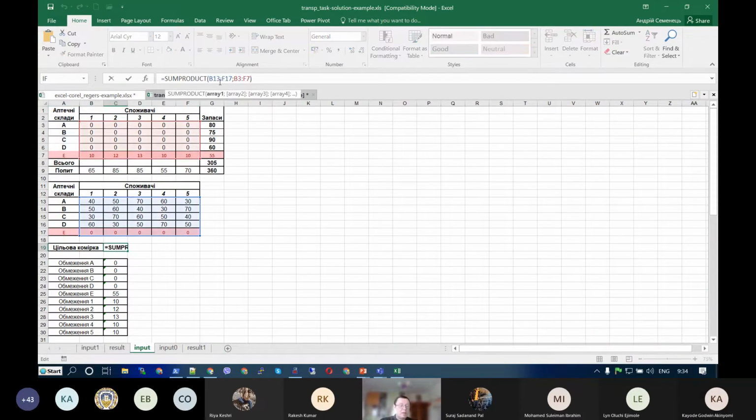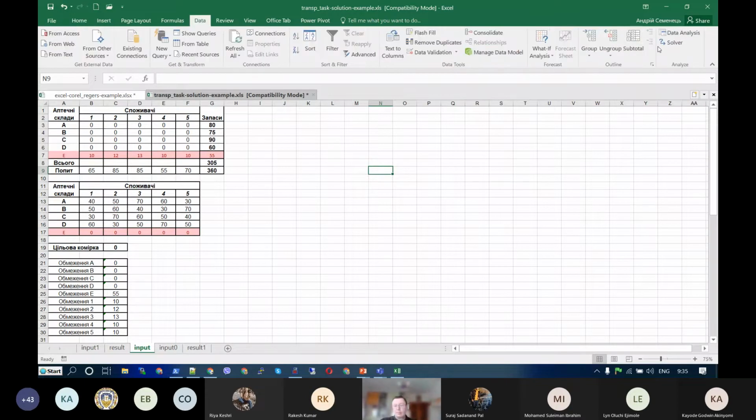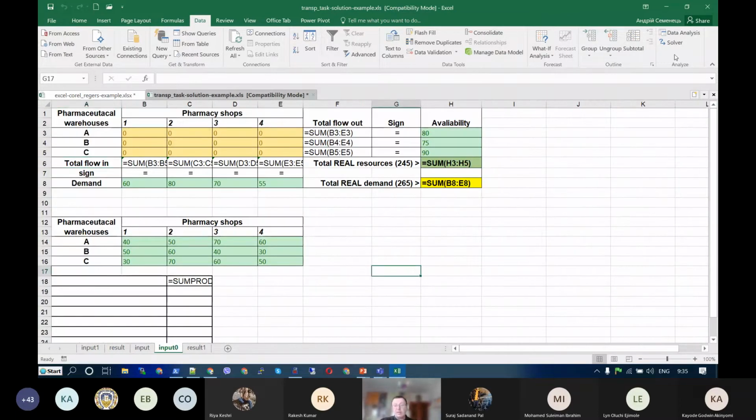So we have an adjusted objective function which must also involve the usage of our imaginary resource, and after that we can start our solver analysis and feed it with data.